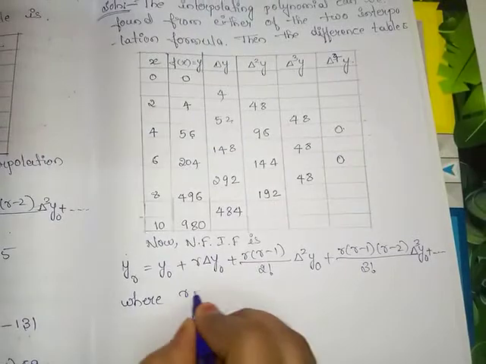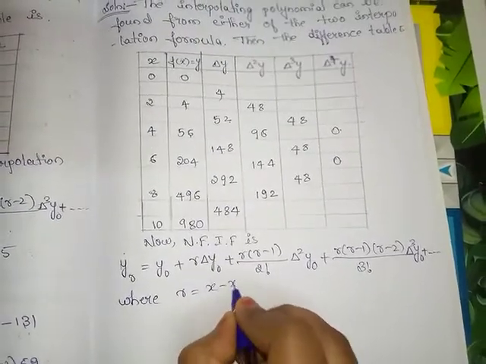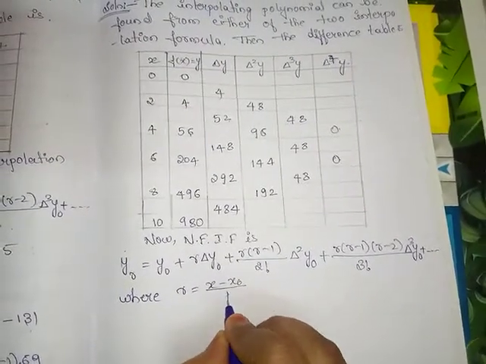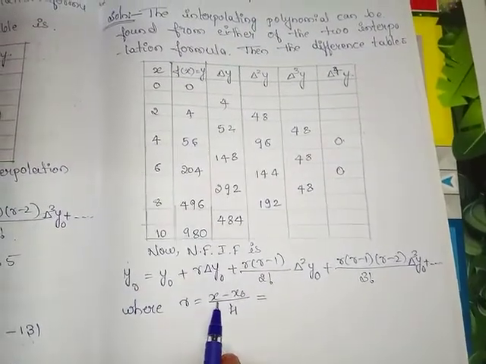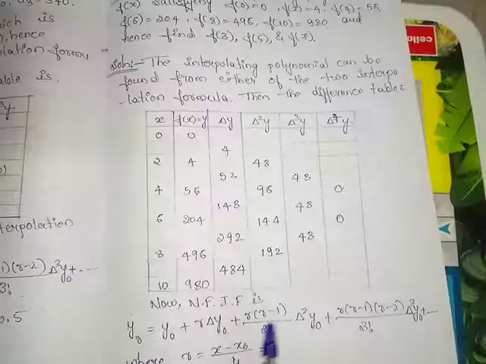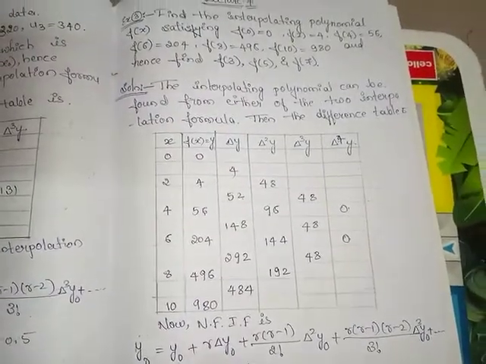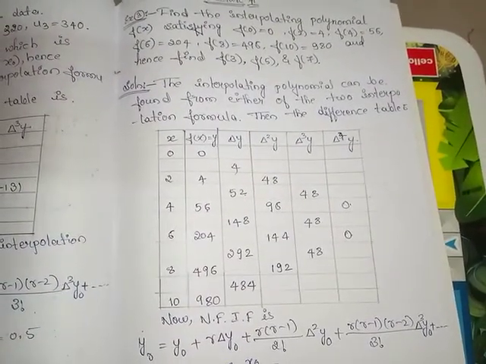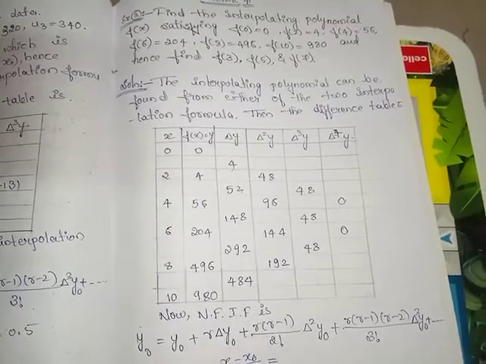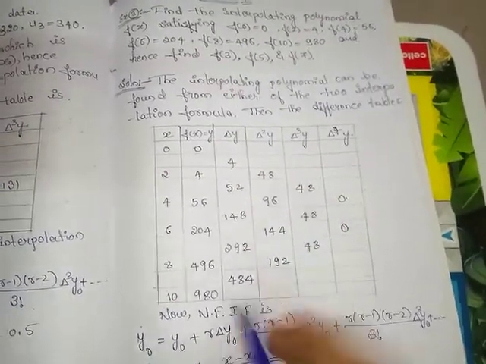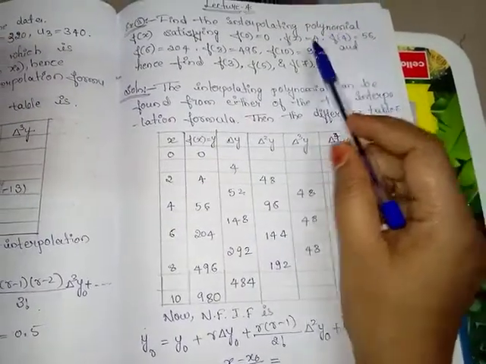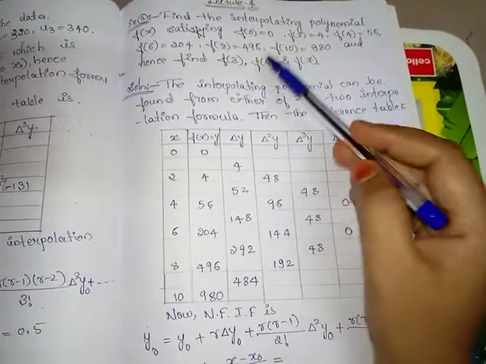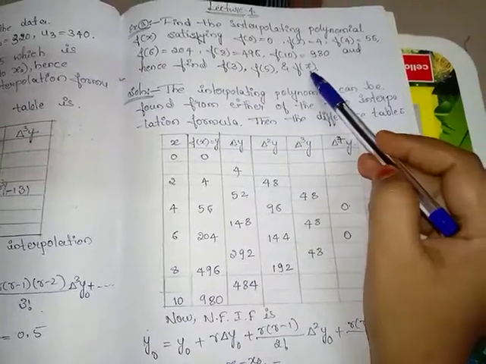r is equal to (x minus x naught) divided by h. Here we don't know the value of x. Here we are finding the interpolating polynomial. They are not given the exact x value, but after finding the interpolating polynomial, we have to find f of 3, f of 5 and f of 7.